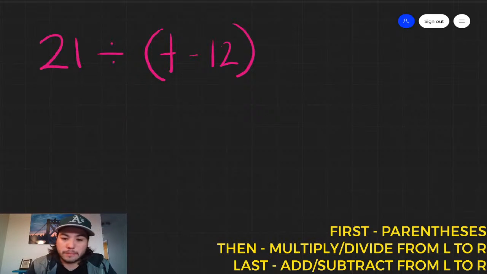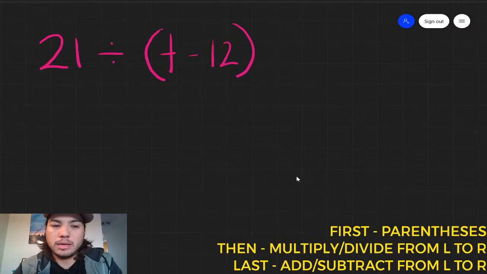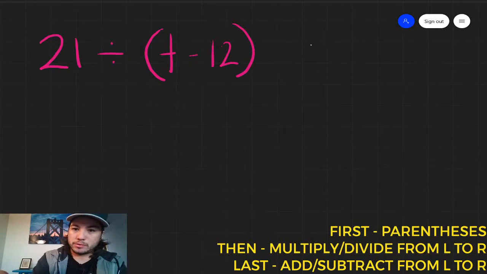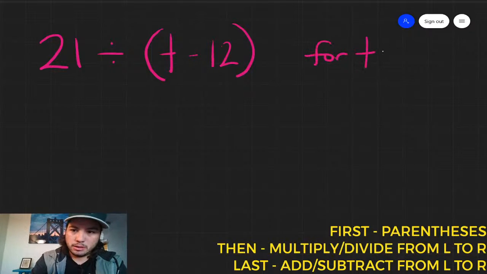So let's make t equal, okay, try this one. So 21 divided by t minus 12 for t equals, let's go with this, 19.